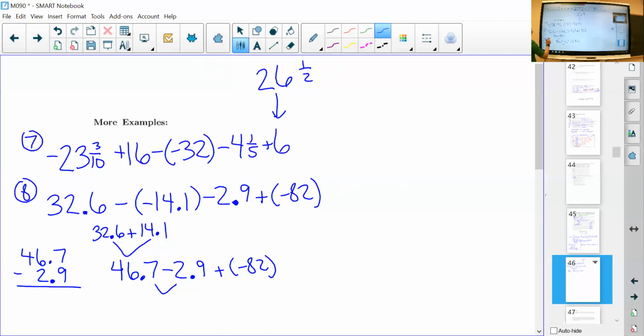And I can't take 9 from 7, so I will regroup, just like we do with mixed numbers. I'm going to turn that 6 into a 5. Take that 1 whole, turn it into 10 tenths, which I can even write just like this. 17 tenths now. So 17 minus 9 is 8.